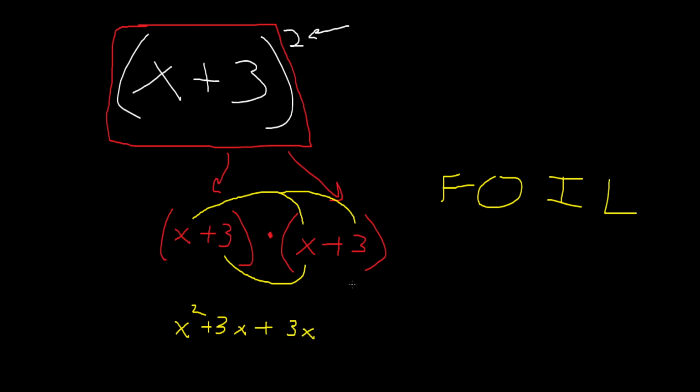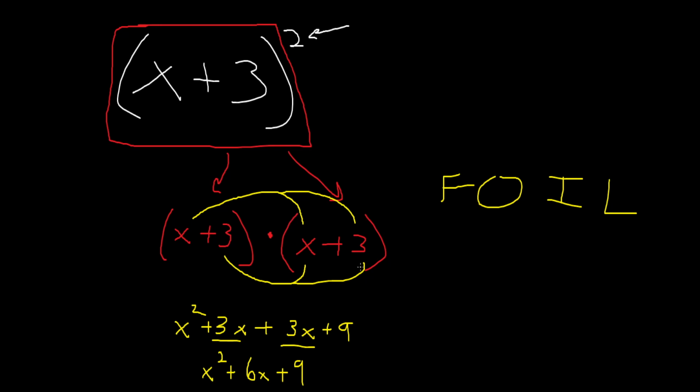And then last would be plus 3 times plus 3, so plus 9. So we get x squared plus 6x plus 9. We simplified our like terms, these are the only like terms, so we added them together and get plus 6x. And yes, you can do it this way, but that is a little bit slow.